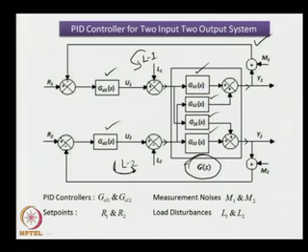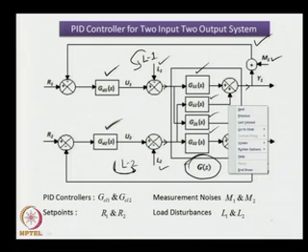In the block diagram, what else we see apart from the 2 series controllers GC1S and GC2S, we have got load disturbances given by L1 and L2, and noise disturbances given by M1 and M2.